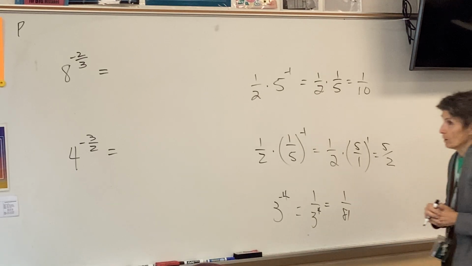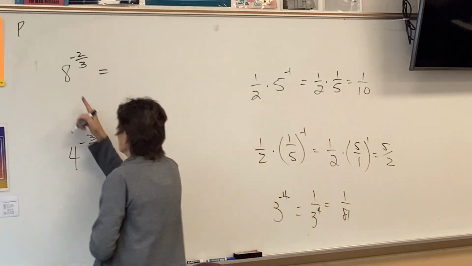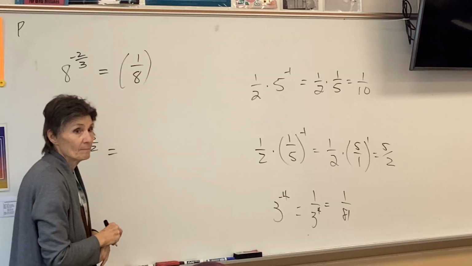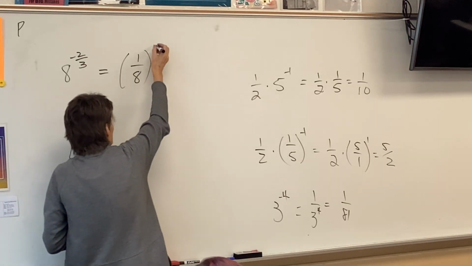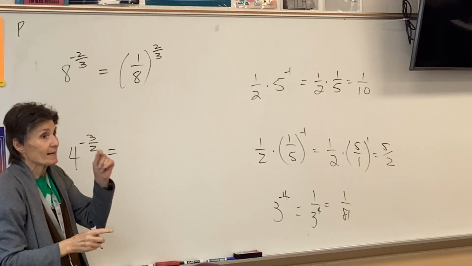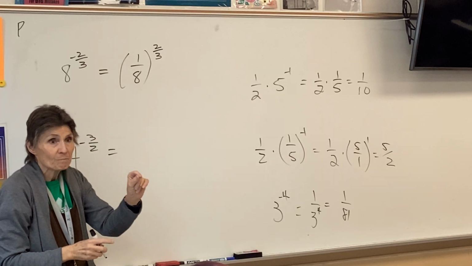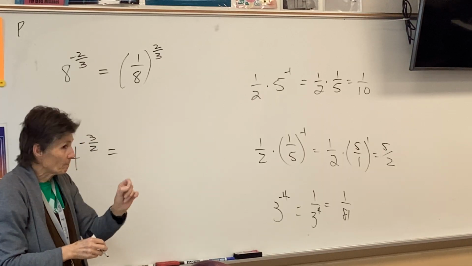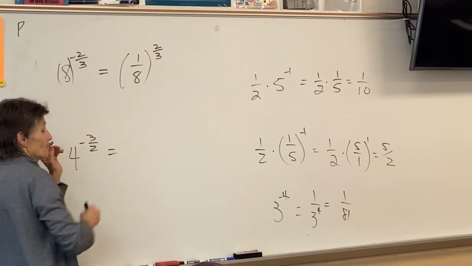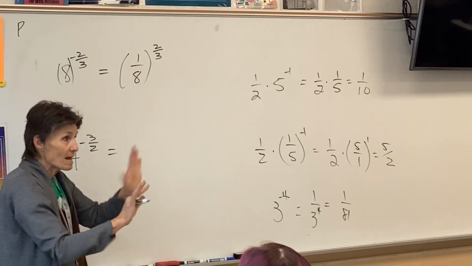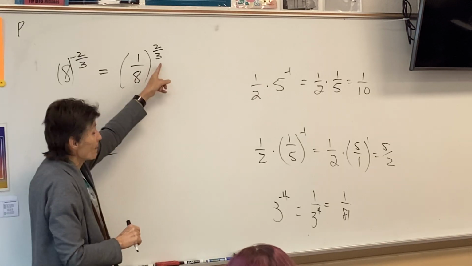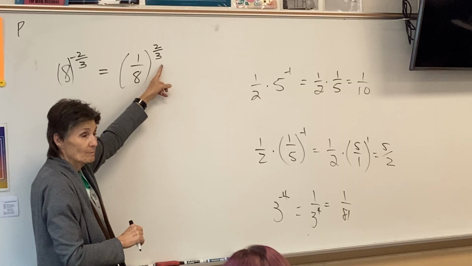So I have 8, the negative is going to change that to 1/8. The exponent does not change except it becomes positive. You're never going to flip your exponent. This is the number that flips, right here. The exponent never flips.